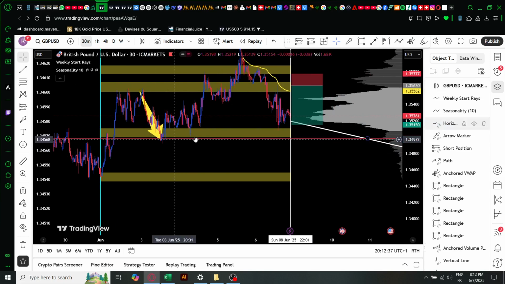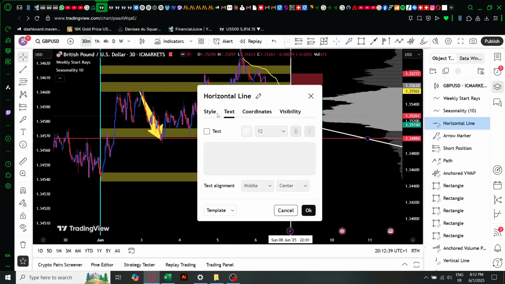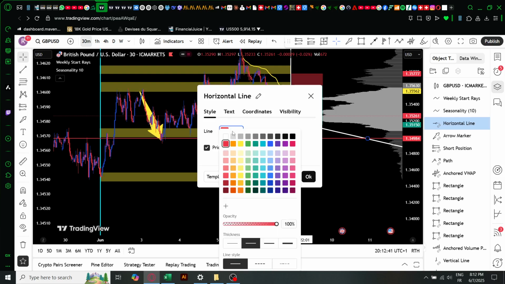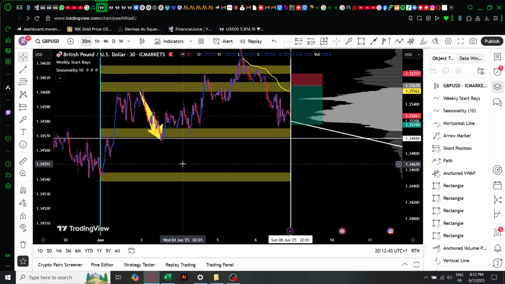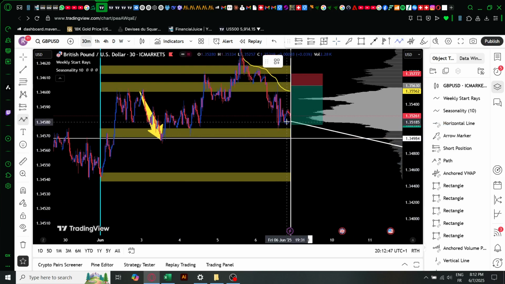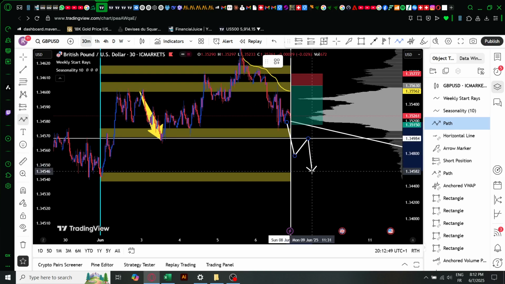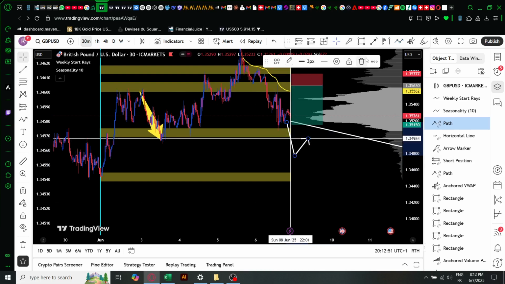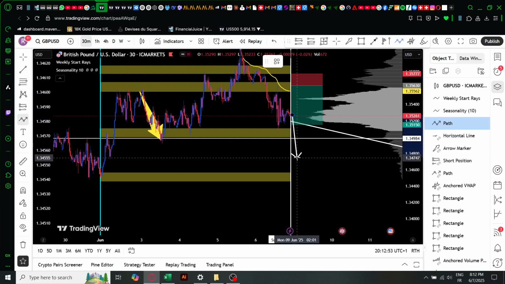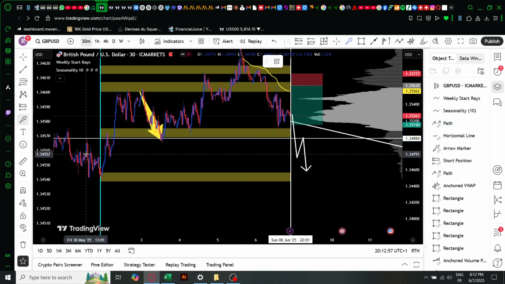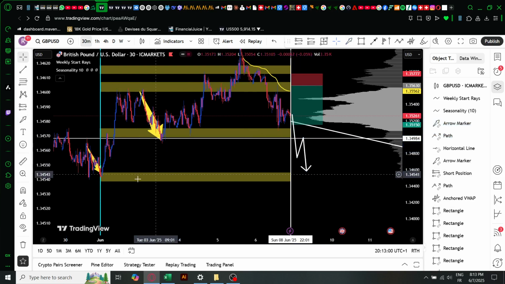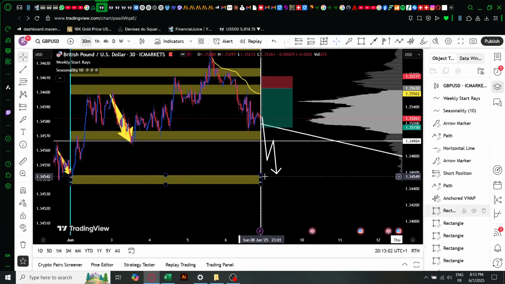And since targeting this level means there would be a breakout, then price can just break here and then break here and then come to the next level, which is this strong bearish move over here. So I can target this level here as TP2.